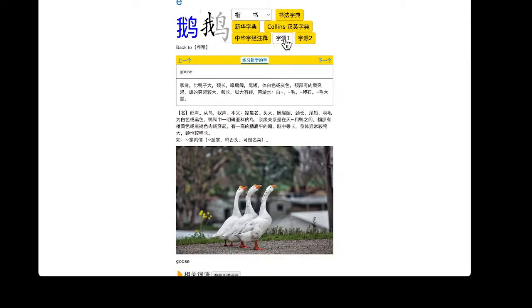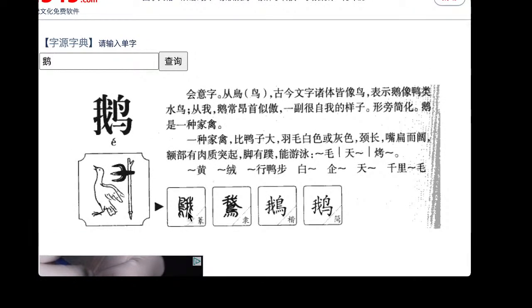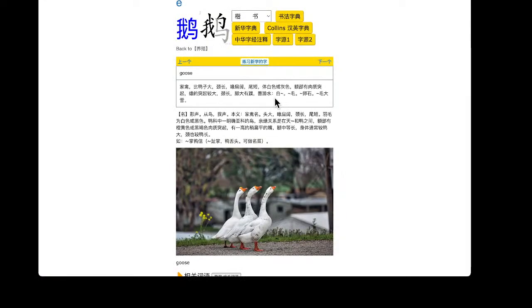And if you look at this, you'll see that in the seal scripts, this actually looked a bit more like a goose specifically than just a generic bird that it shifted into over time, as is often the case.